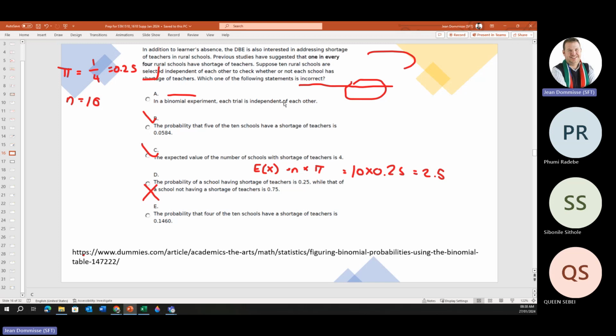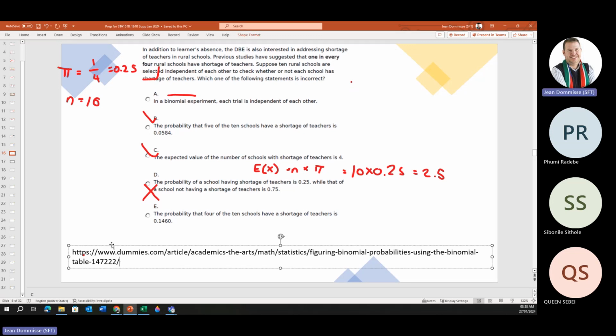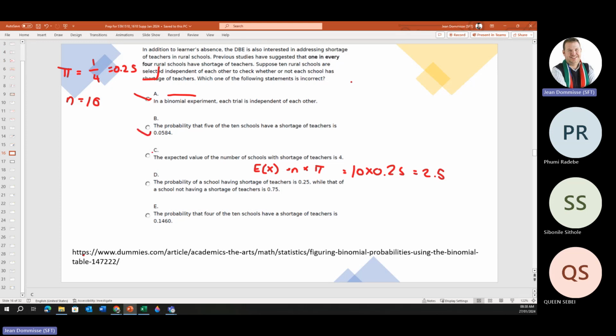You can use other stuff as well. If you don't have a table in front of you, please use this link to get to it. I also posted the link in the chat. You will then do the same thing for the other two, look at the table and see if it is correct or not, but it is supposed to be, because option C is the incorrect one.